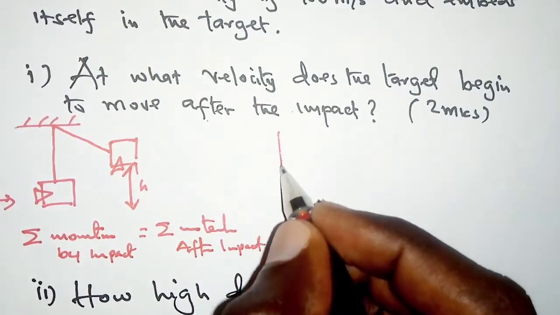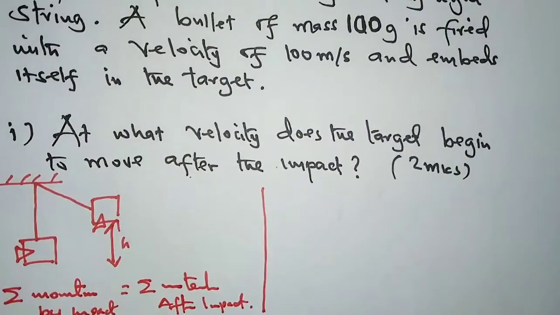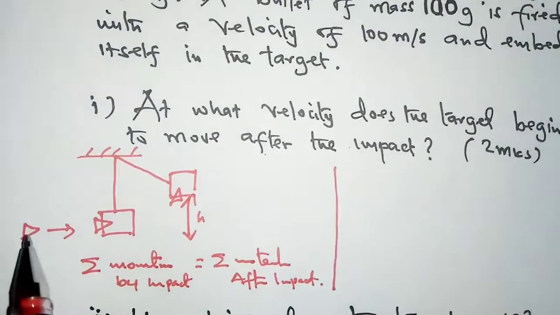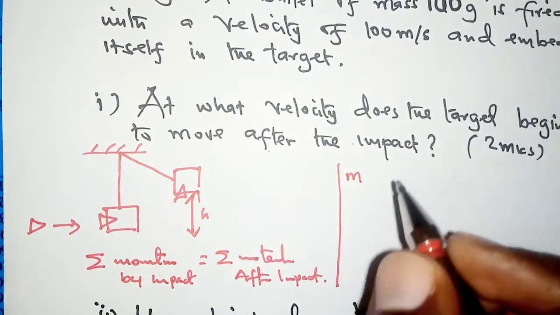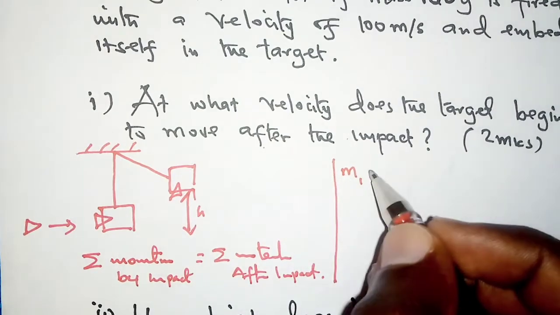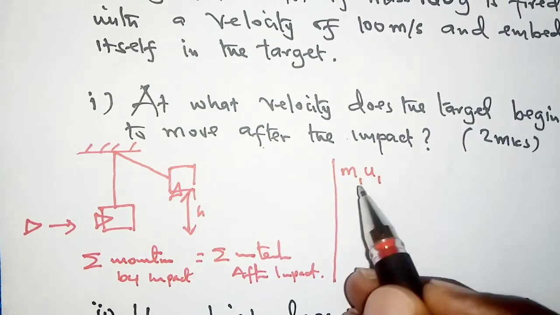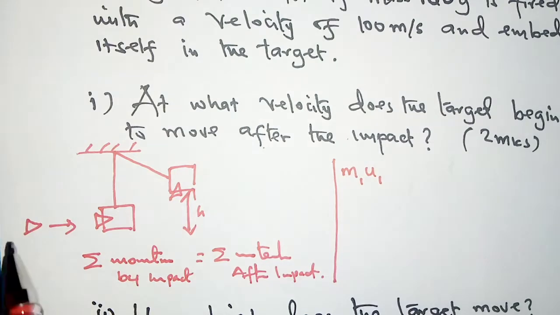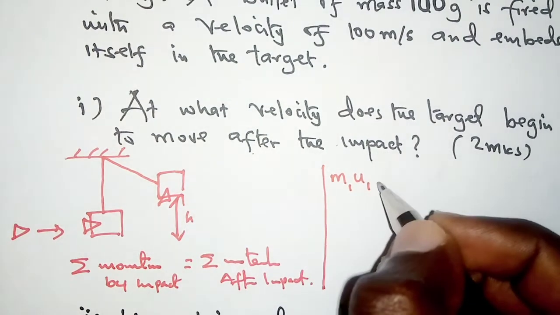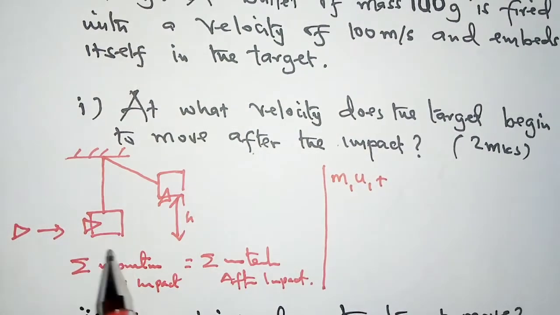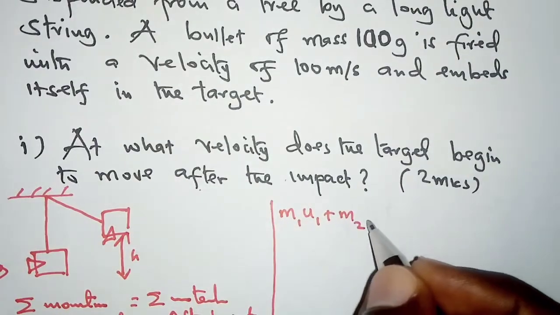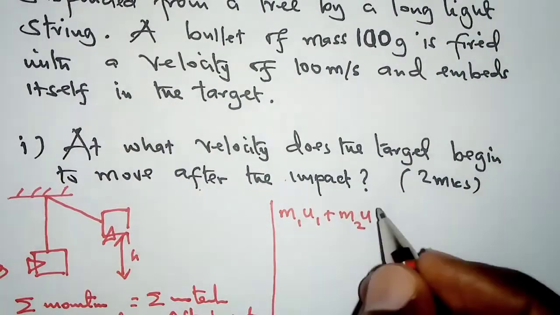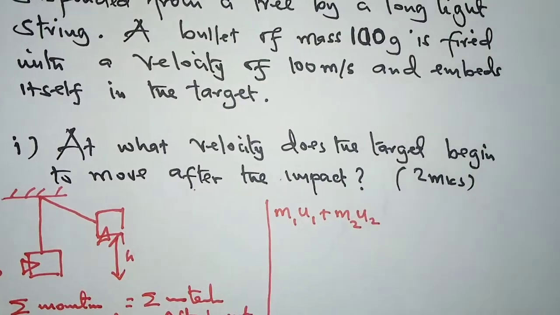And before impact, we have the bullet whose mass you can consider m1 times its velocity. So that is the momentum of the bullet before impact plus momentum of the block before impact. So let's call that m2 times its velocity before impact, u2.